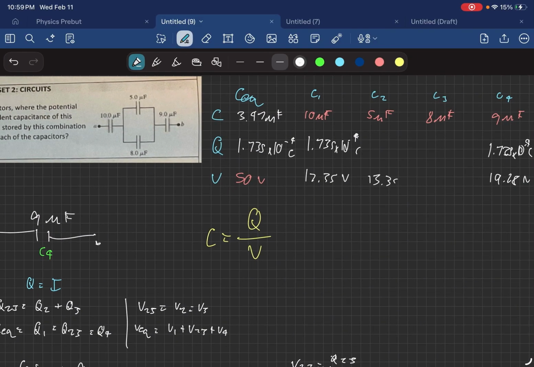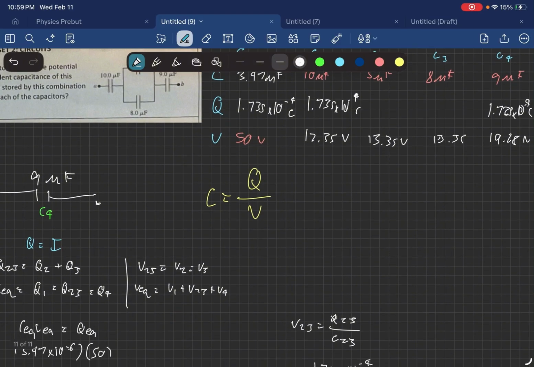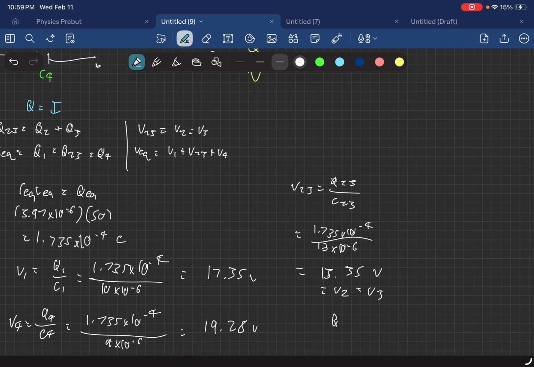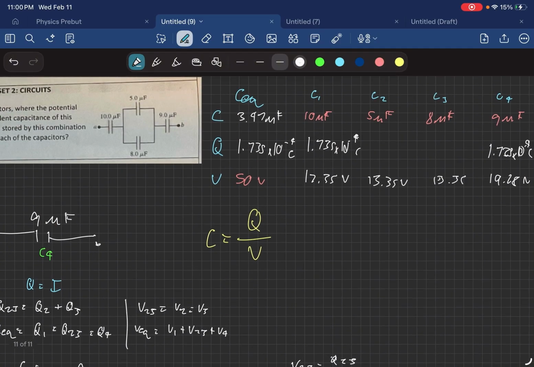And then now, I guess you see what's going to go on. We get our Q2, Q3, which is C2 V2, C3 V3.